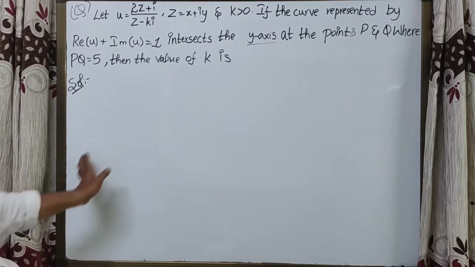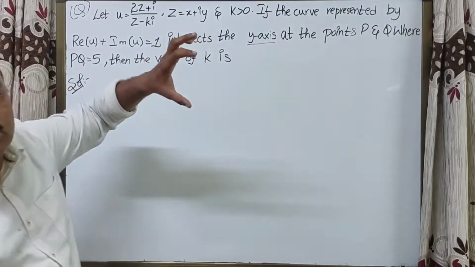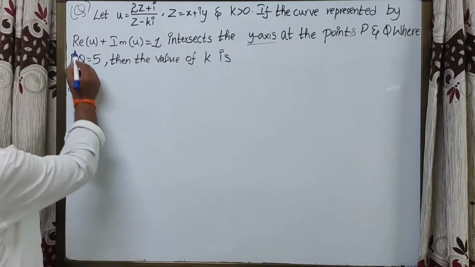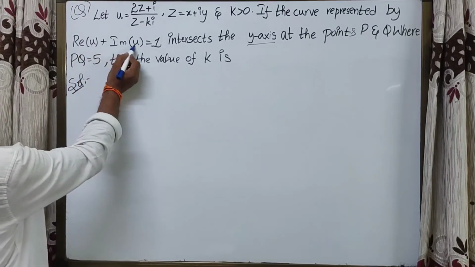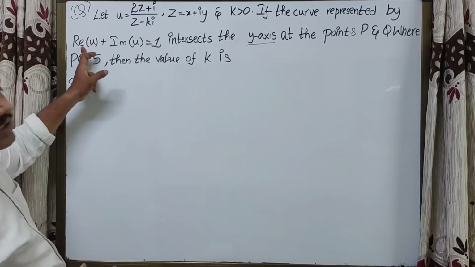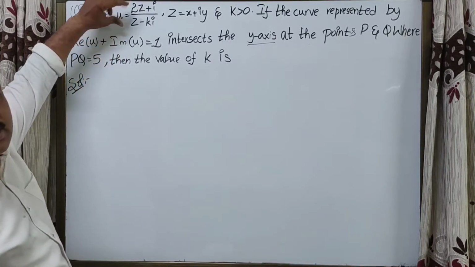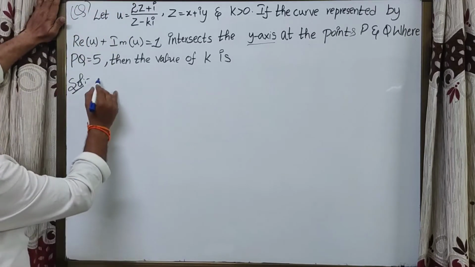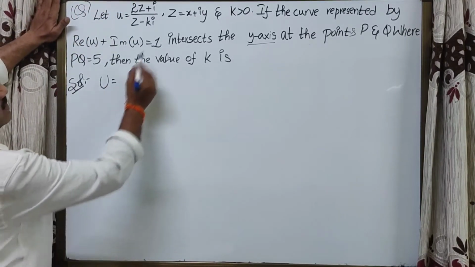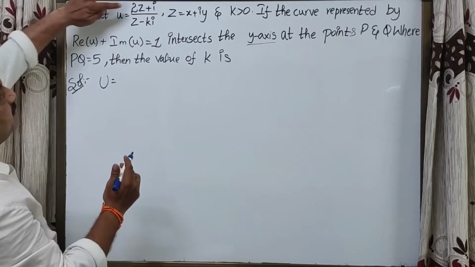Dear students, the curve intersects the y-axis. You have to find the curve. What type of curve is here? Real part of u plus imaginary part of u equal to 1, that is the curve. So to get the real part and imaginary part, first you rationalize this. Substitute the z value, separate the real part and the imaginary part.